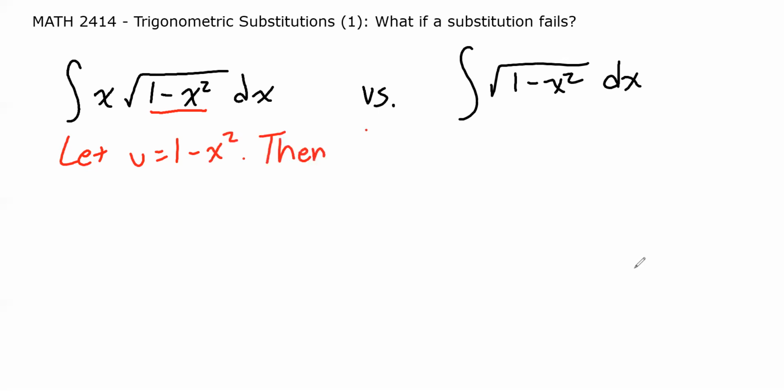Then du equals negative 2x dx, since the derivative of 1 minus x squared is negative 2x. As I mentioned in previous videos, I'm going to transition my approach to substitution.